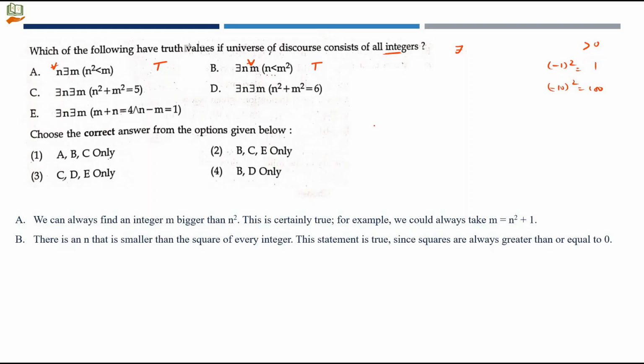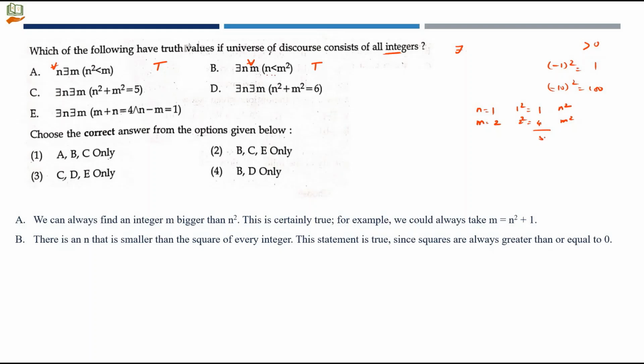Next, we will go for C. There is an n value and there is an m value, and when we compute the sum of their squares, we get 5. Is there any possibility to do that? Yes, there is. Take n equal to 1 and m equal to 2. 1 square is 1, this is n square. 2 square is 4, this is m square.